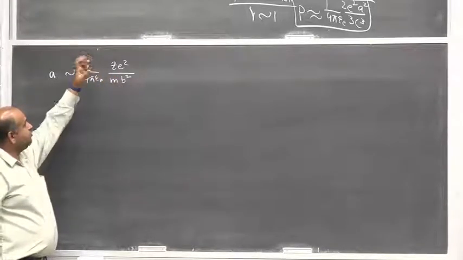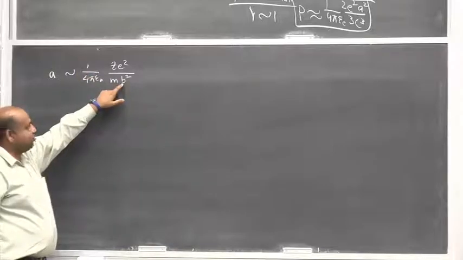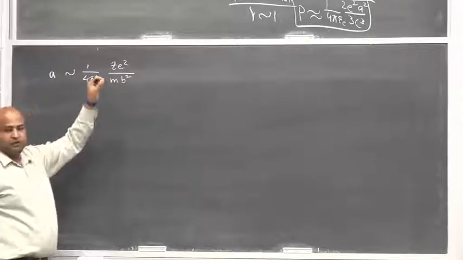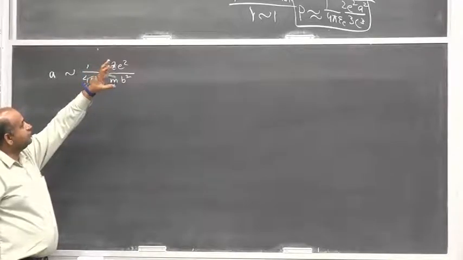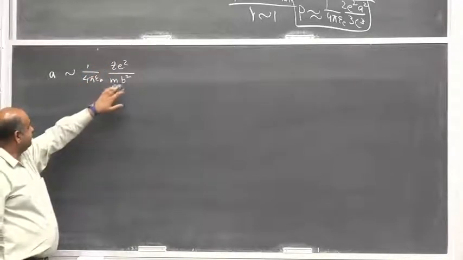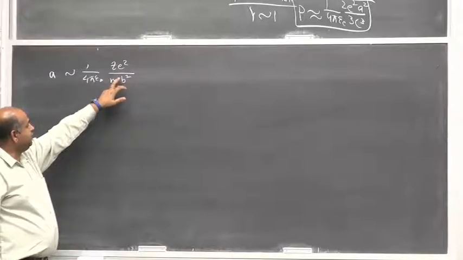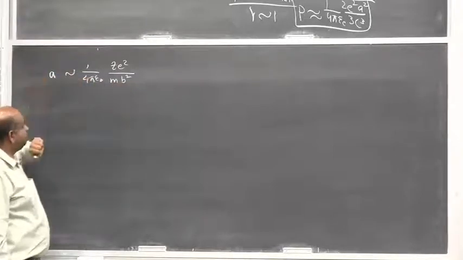So assuming that the distance between the two is approximately b, अगर ये distance change हो रहा है but the force is appreciable only when the particle is near the ion. So I'm substituting b for r. So this is the acceleration roughly.